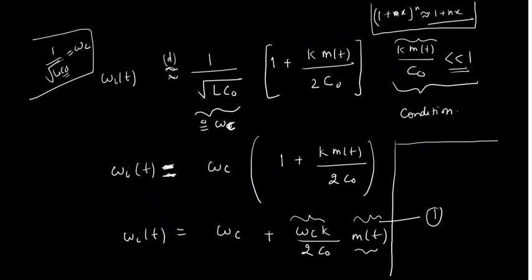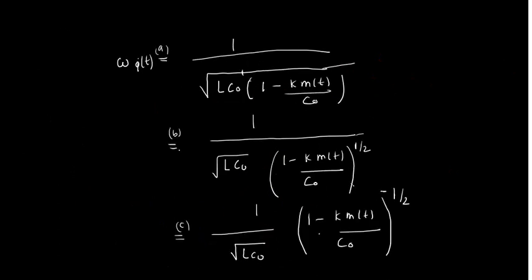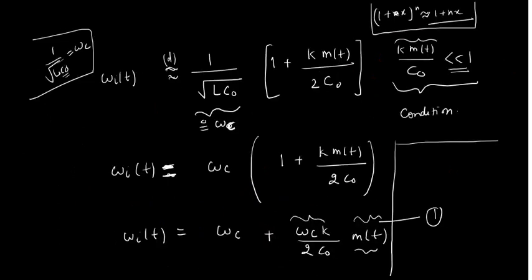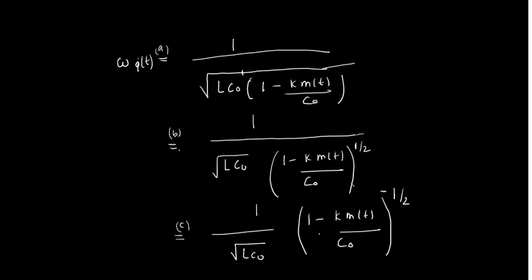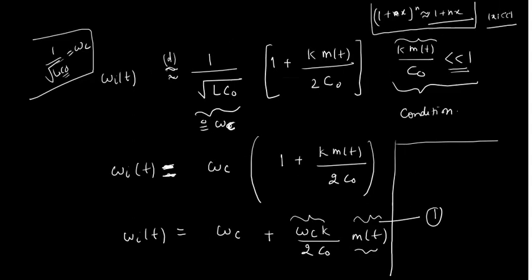Next, we will use the binomial expansion: (1 plus x) to the power n can be approximated by 1 plus nx, if you know, right, under this condition. So we can write this instantaneous oscillation frequency like this, right?